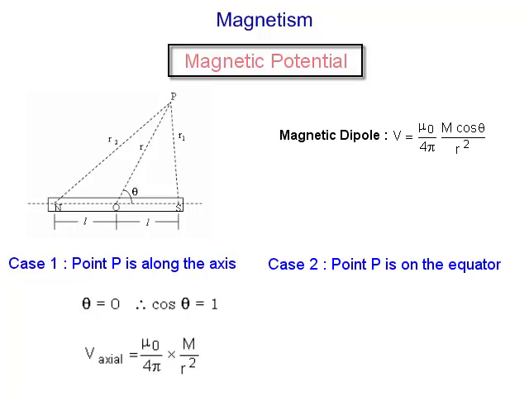If the point P is on the equator of the dipole, then line OP will make angle 90 degrees with the axis. Then theta is equal to 90 degrees and cos theta will be 0. Hence, magnetic potential at an equatorial point is always 0.